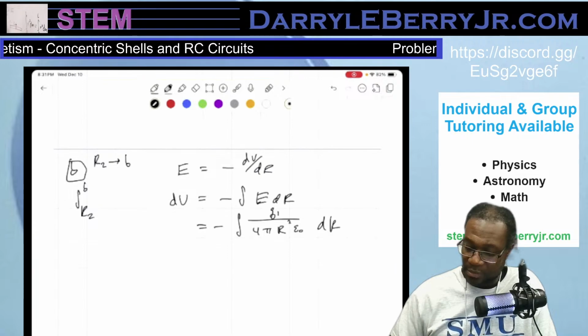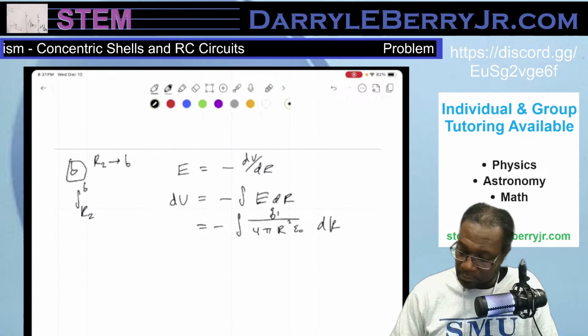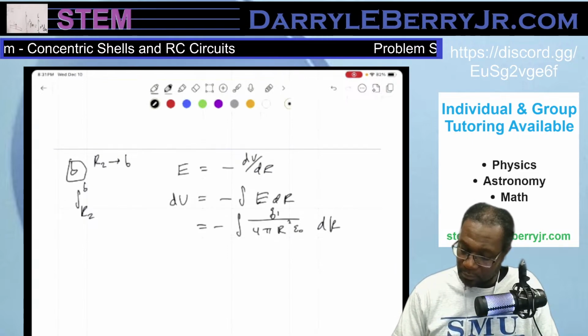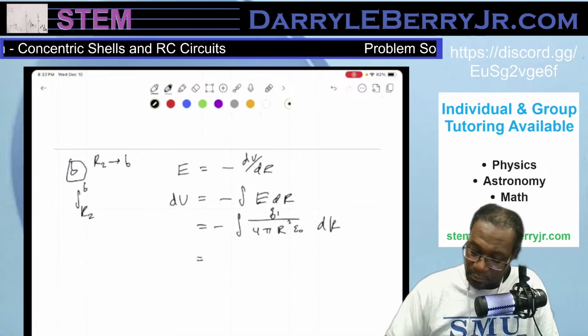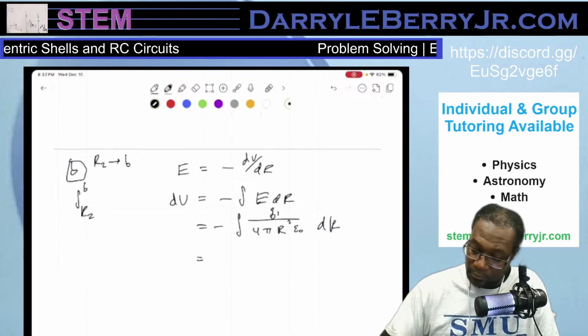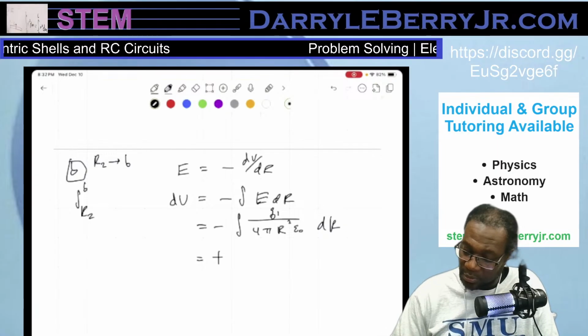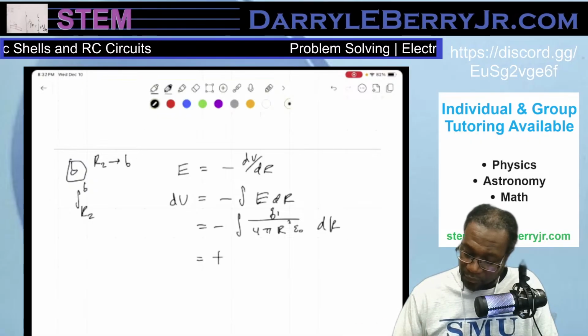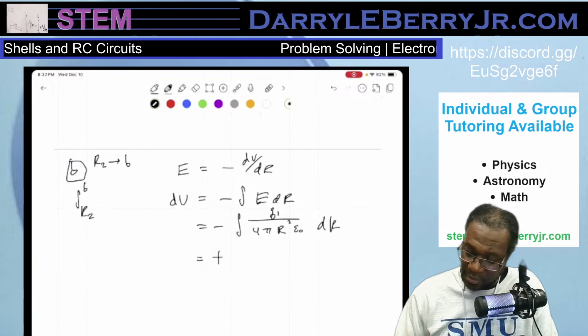So what we have here is the negative on the outside. The R here is in the denominator, so it'll be a negative R squared. So that'll go up to a negative 1 divided by the derivative of that, which is negative 1. So that changes the sign.